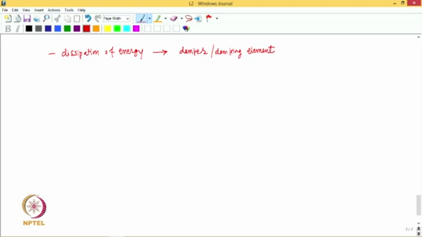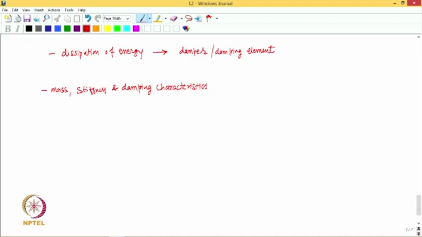Therefore, we need to model the mass, stiffness and damping characteristics to arrive at a model of the system. In fact, these are the three elements which make that description complete.